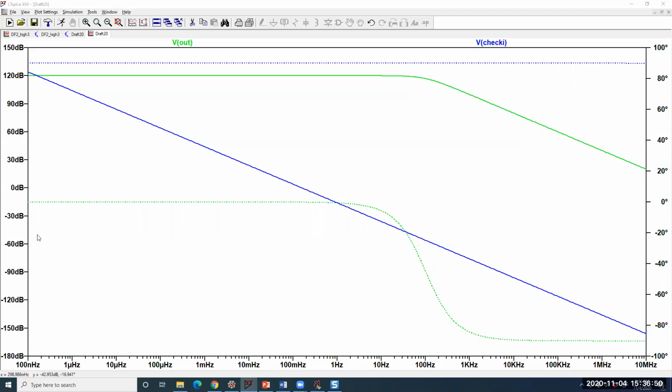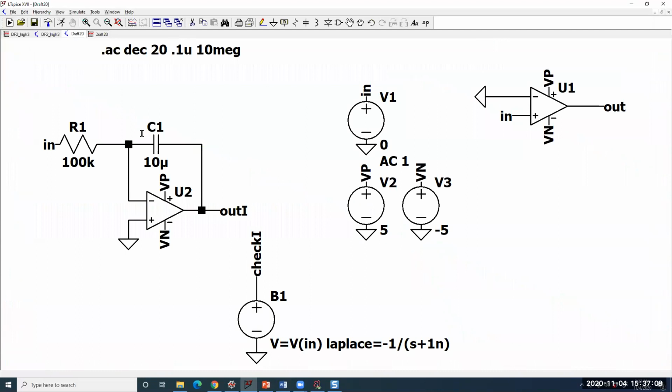And so look how far I had to go out, 1 nanohertz, right? So that's a very long time, okay? But see, it crosses that line. And so that's where the usable range is, to the right of that.